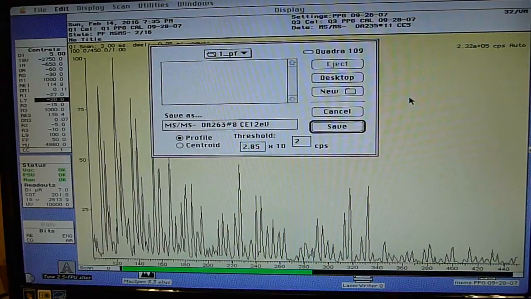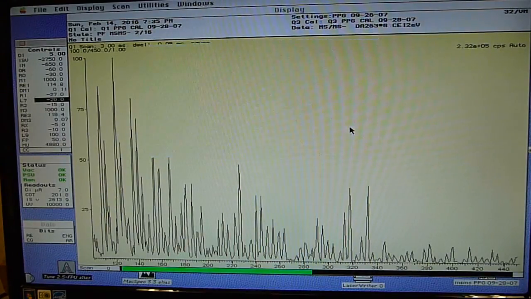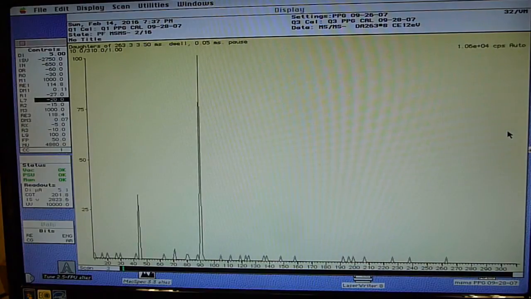We have a collision gas thickness of roughly 200, which works out to be about 4 millitorr. Let's start and see what happens. The data in real time, and I'm going to inject.